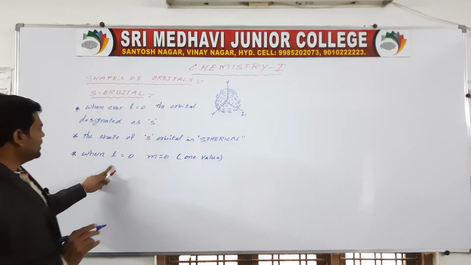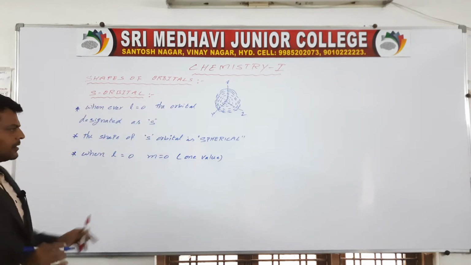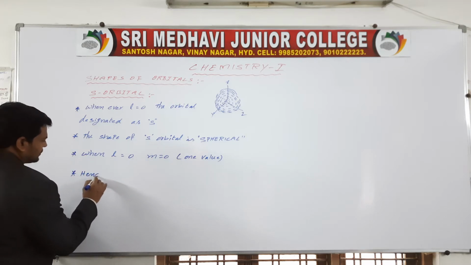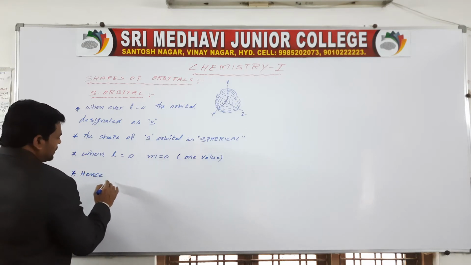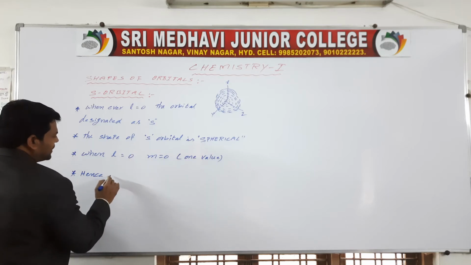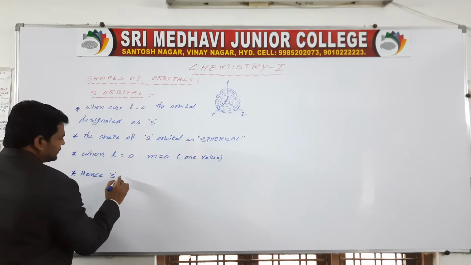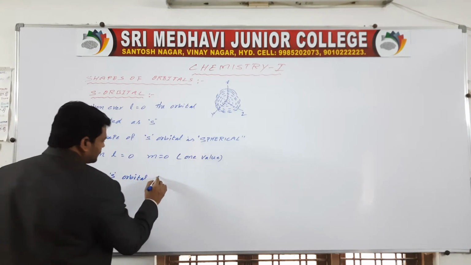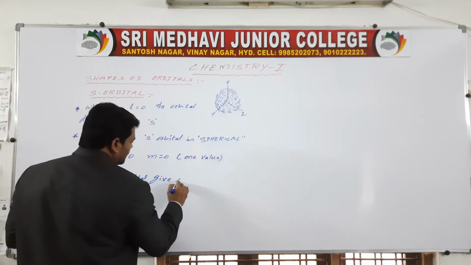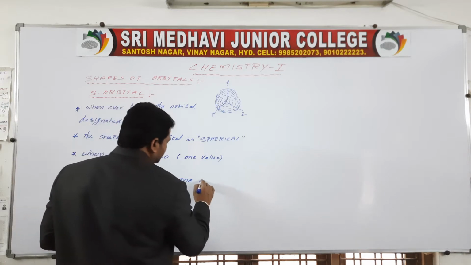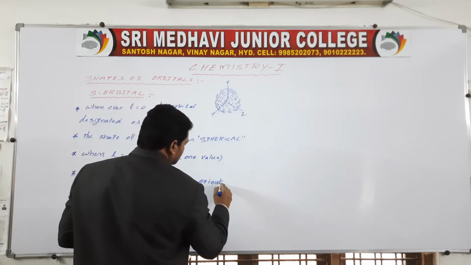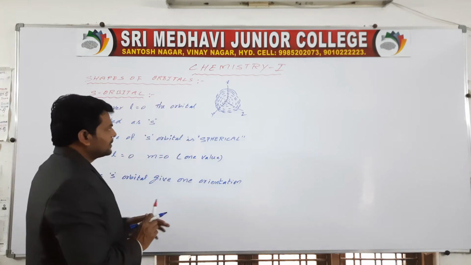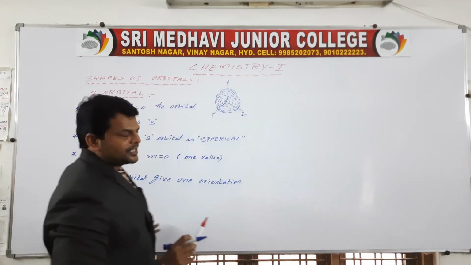Hence the s orbital gives one orientation along the x, y, z axis.